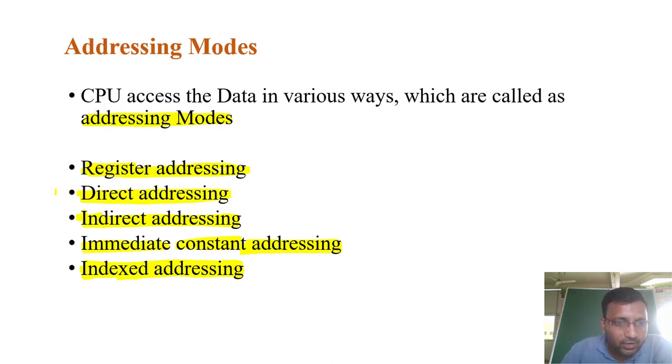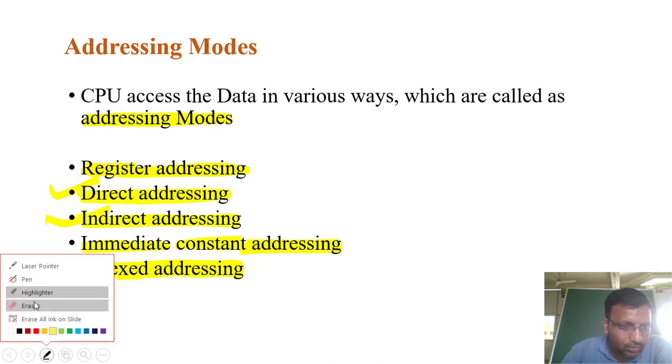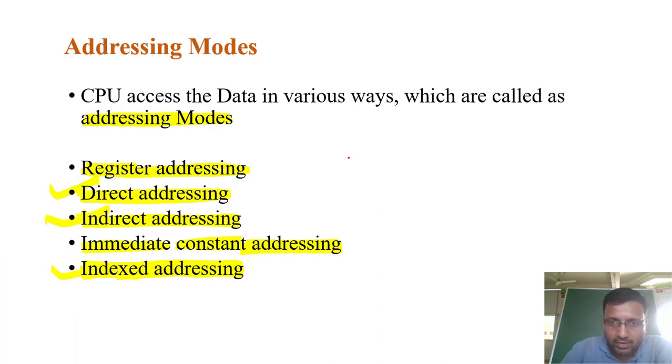From these 5 addressing modes, direct addressing mode, indirect addressing mode, and indexed addressing mode are memory related addressing modes. So we can call them memory related addressing modes.